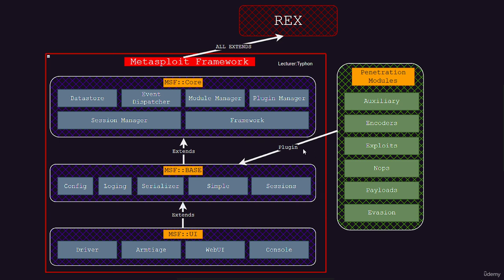We will start by examining the core libraries, which can be thought of as the heart of the Metasploit framework. In this table, we will get a closer look at these core libraries. But I want to firstly start with Rex here. As you can see, all extends to Rex, so this is a core functionality.